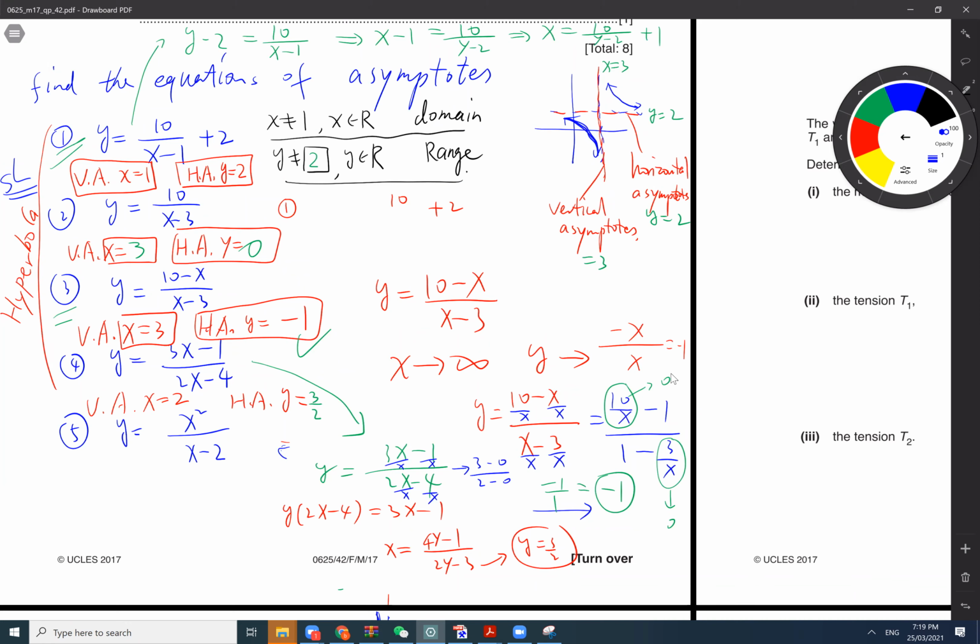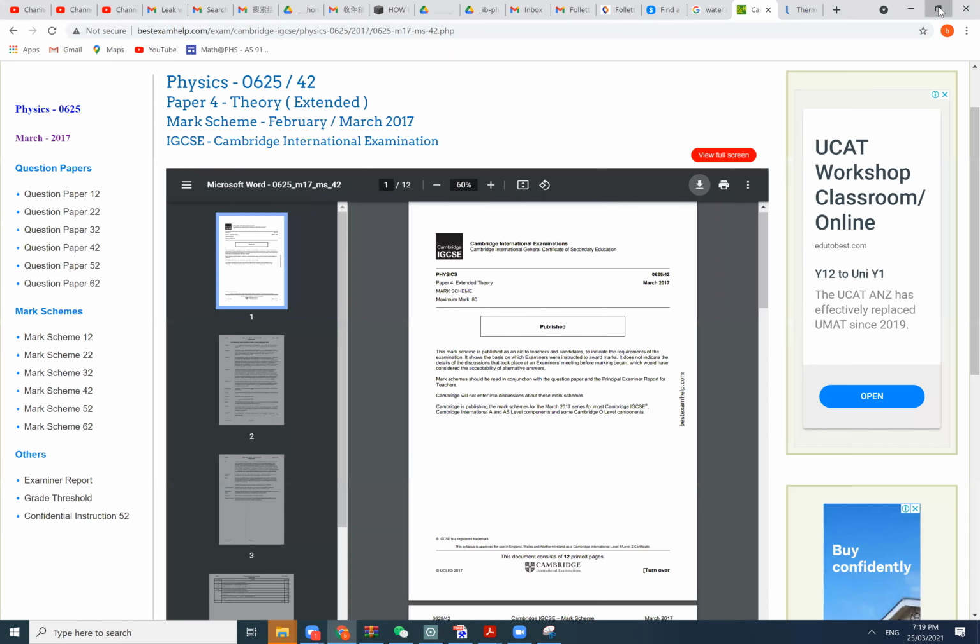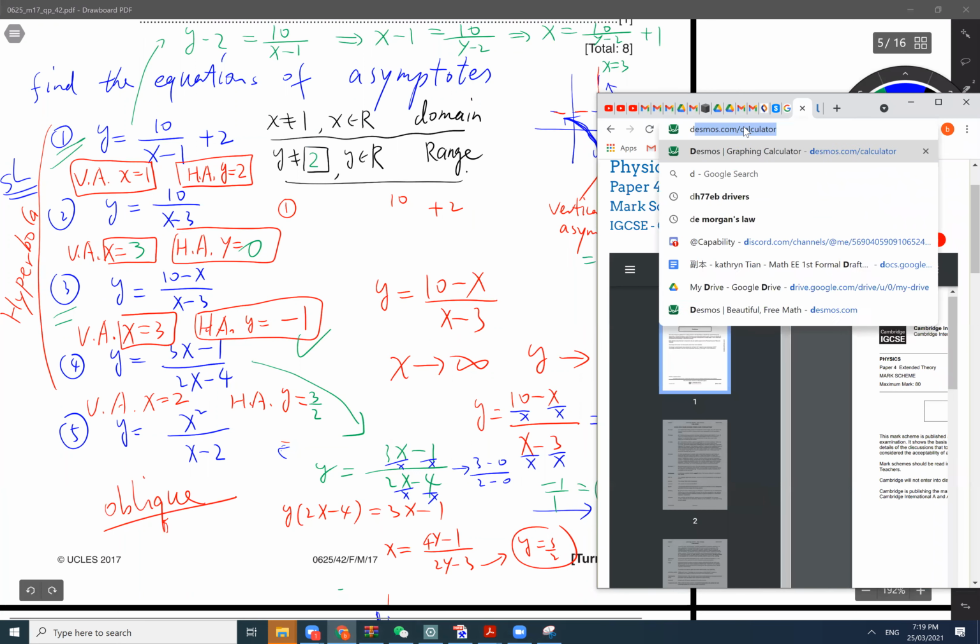Diagonal. I think in IB it's called oblique. Oh, the teacher called it diagonal. Okay, we use oblique. Yeah, it looks like a diagonal. Let's sketch it first. Later we check algebra. Let's sketch it.